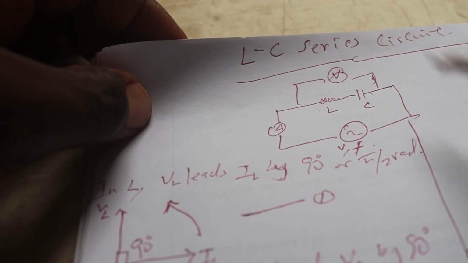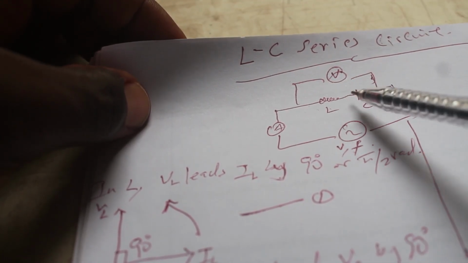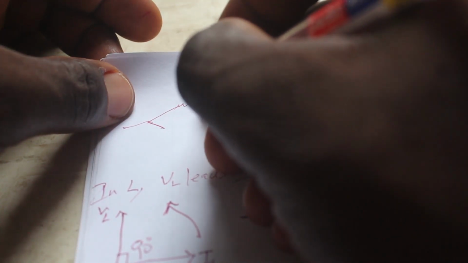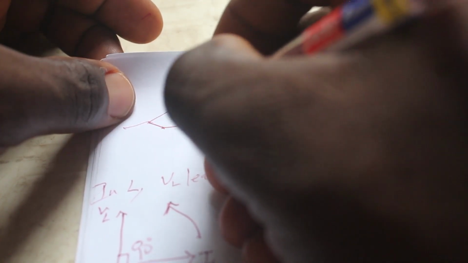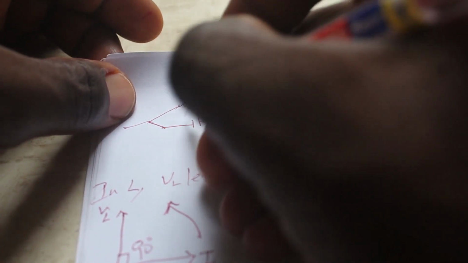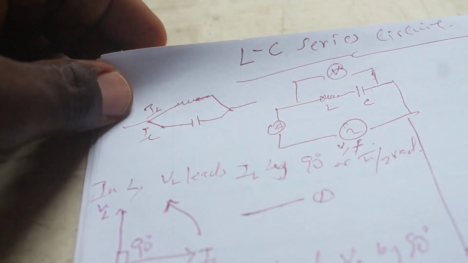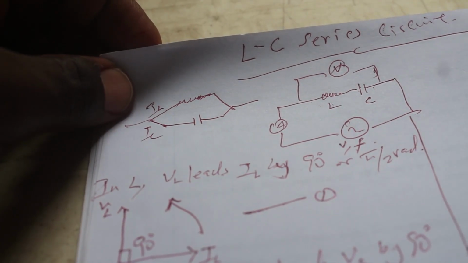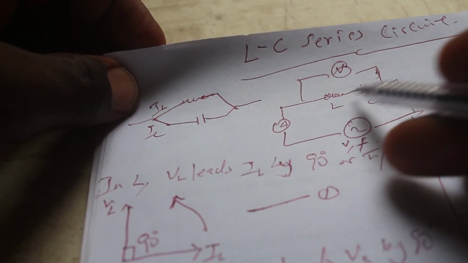It will only be different if the two of them are connected in parallel, something like this. That's when IL will be different from IC. But when they're connected in series, you can be rest assured the same current will be passing through them.